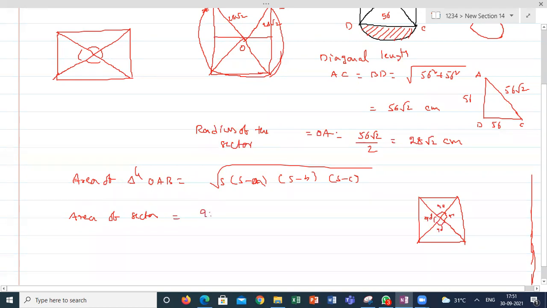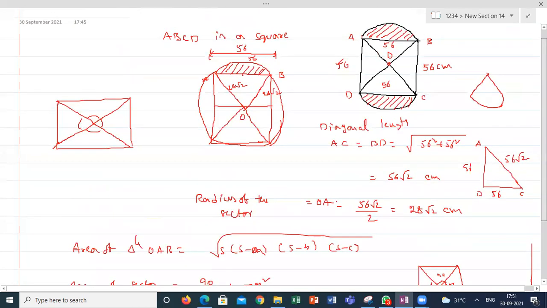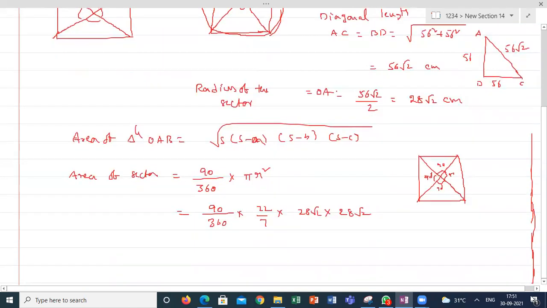So area of sector is 90 divided by 360 into pi r square. What is our value here? 90 by 360 into 22 by 7 into 28 root 2 into 28 root 2, because the radius we got is 28 root 2. 7 fours are 28, 9 fours are 36, 4 and 4 cancel.